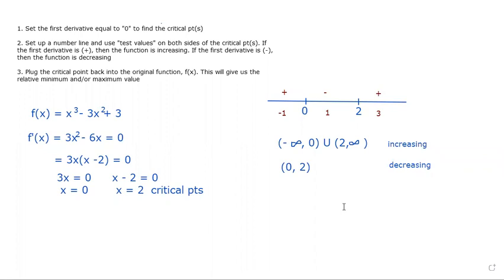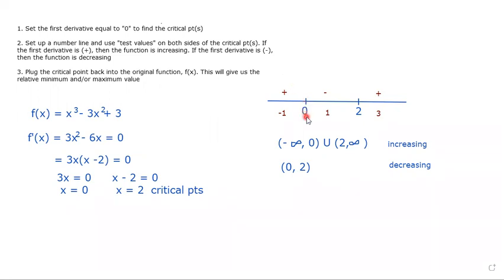And now this is the important part. If something is increasing, it's going up to a certain point, and then coming back down. So it's going to be increasing until you get to 0. And we have to plug that number back in. That's where we go to step 3: plug the critical point back into the original function, f of x.